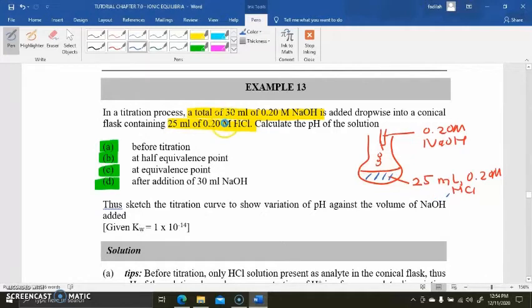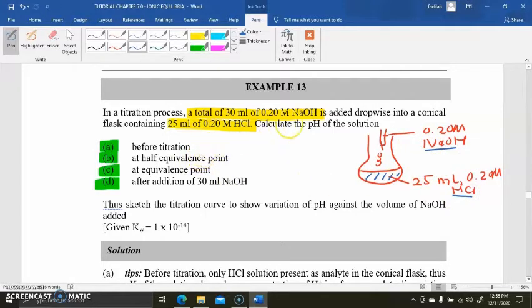In a titration process, a total of 30 ml. Maksudnya, at the end of the reaction, total NaOH that we added dropwise into the analyte adalah sebanyak 30 ml. So HCl is the analyte and NaOH is the titrant.